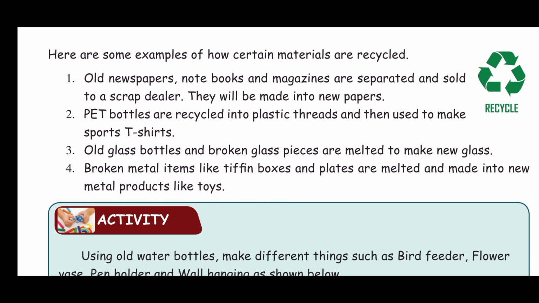Fourth one, broken metal items like tiffin boxes and plates are melted and made into new metal products like toys. So the broken or unwanted metals are recycled to make toys or some decorative items.